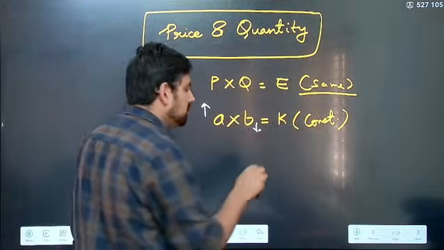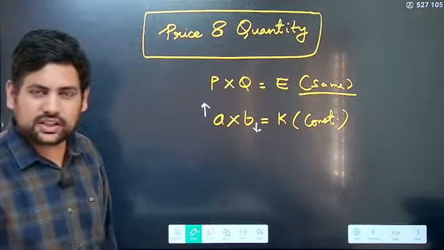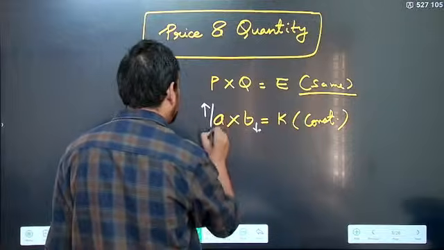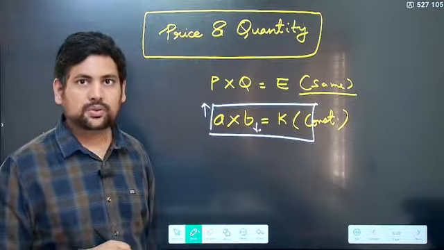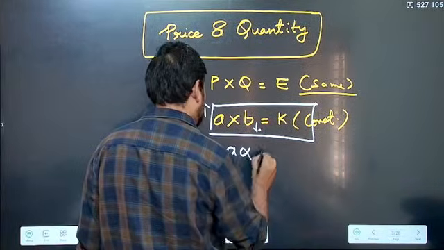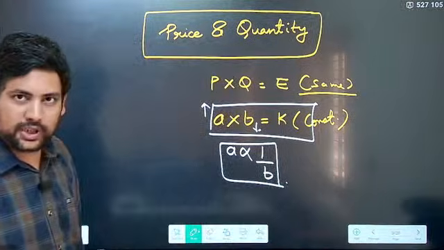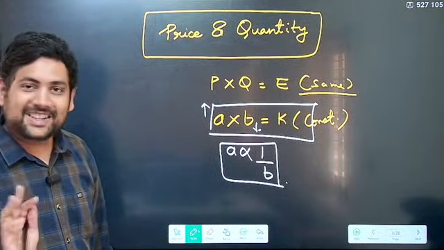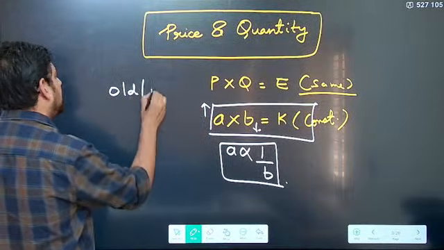Similarly, if a is decreasing, b has to increase. So if you are able to find this equation, a into b is equal to k, where k is a constant, you can always write that a is inversely proportional to b. And this is the same as price and quantity questions. Understood? If you have this understanding, then you won't get stuck anywhere.